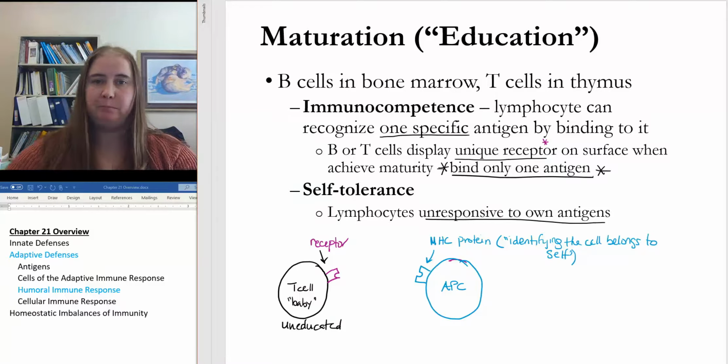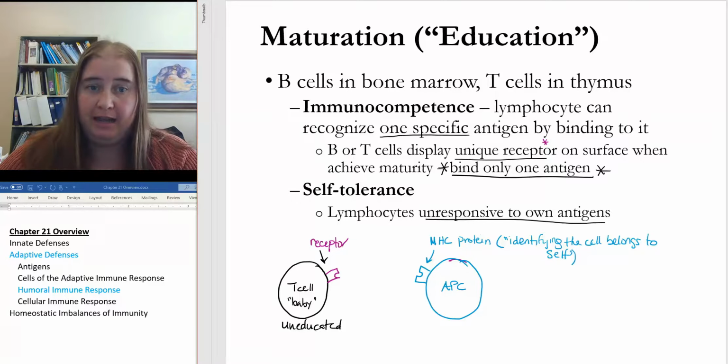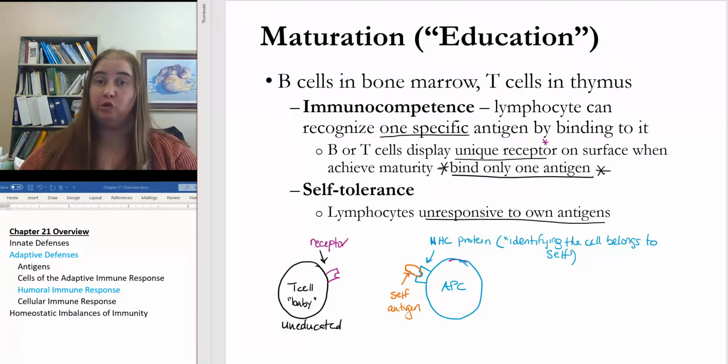And on that MHC, we have a self antigen. So this is kind of what I drew last lecture.